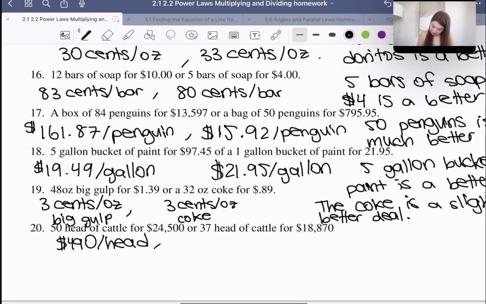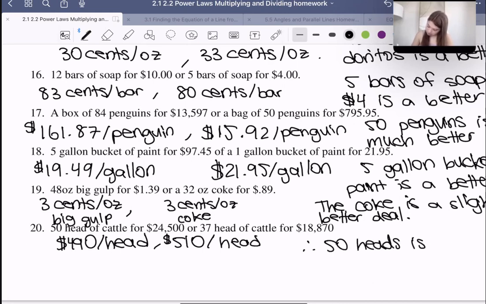And then the next one is $18,870 divided by 37 heads is going to be $510 per head. That's not how you spell head. So therefore, the 50 heads is a better deal.